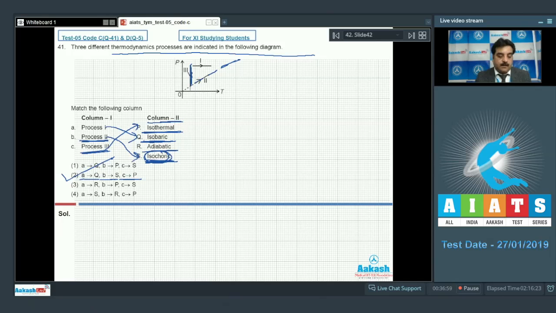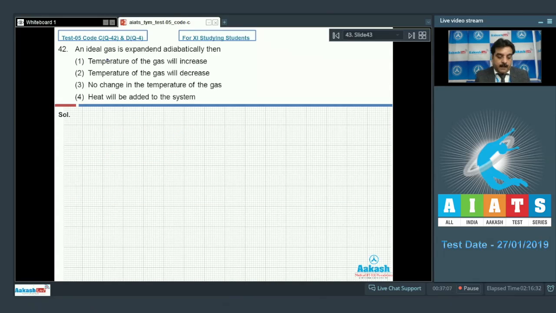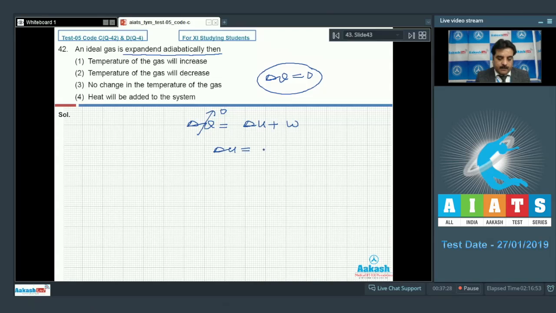So let's move on to question number 42. In question number 42, an ideal gas expanded adiabatically. In the adiabatic process there is no exchange of heat, you know very well. So if I use the first law of thermodynamics, change in internal energy and work done, there is no exchange of heat, so I can write delta U is equal to minus W. But there is a very important thing.